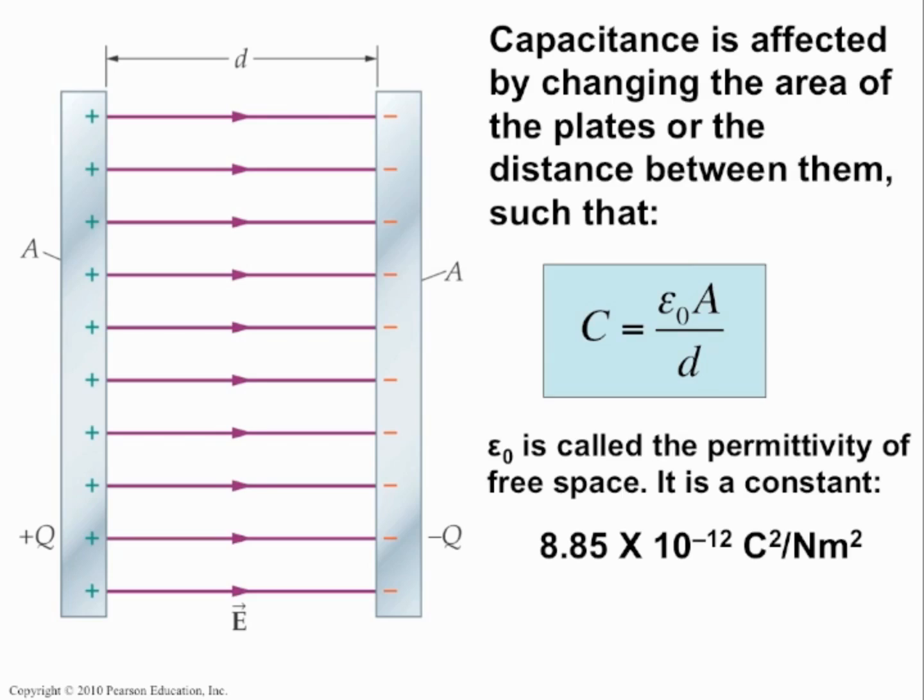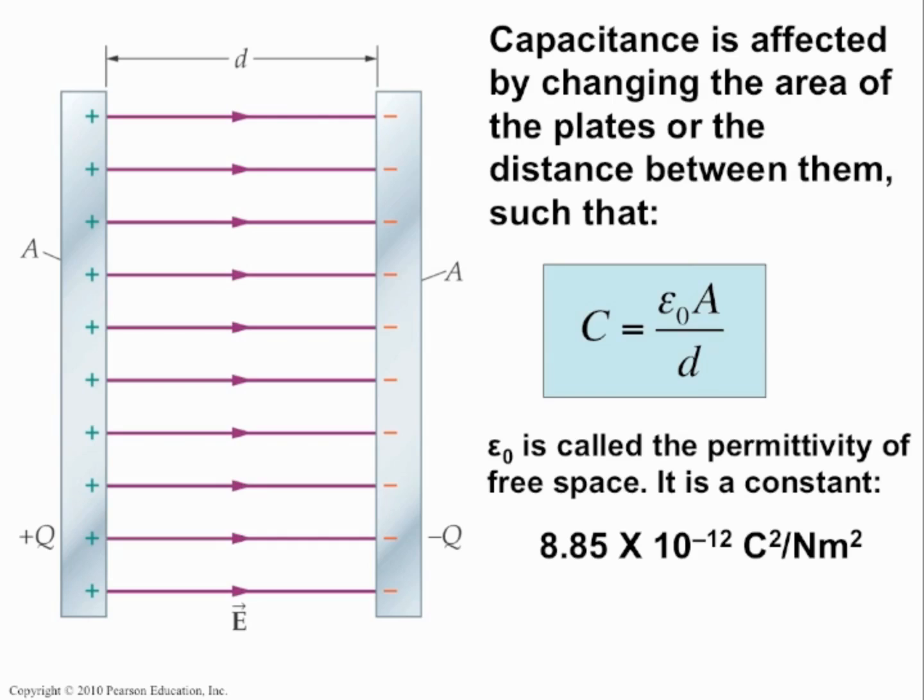And epsilon-naught is actually related to K. We don't have to get into that relation here. But the important thing to remember is it's just a constant, okay? And you can think of it as a constant of proportionality that's thrown in here to show the direct variation of C with A and the inverse variation of C with D.